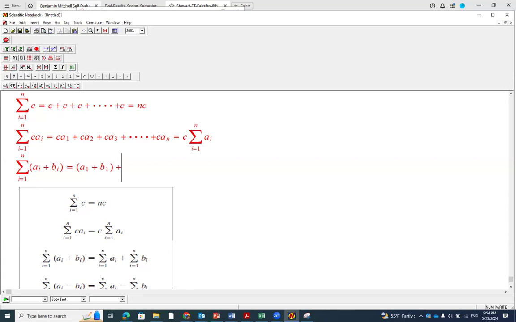And for i equals 2, we have a2 plus b2, all the way to n, where we get a sub n plus b sub n. And obviously we can regroup. We can bring all the a's together, all the b's together, and that's how we eventually get the sum to be separated, a sub i plus b sub i.